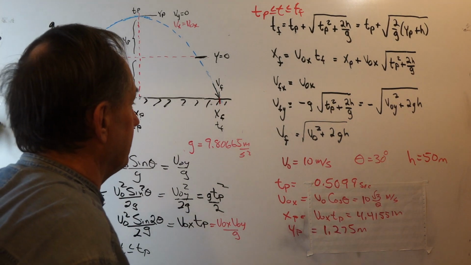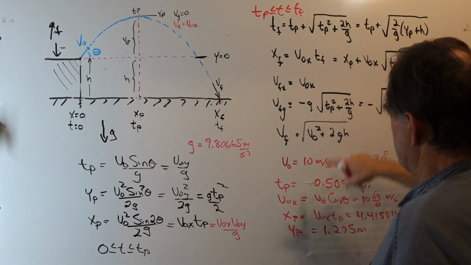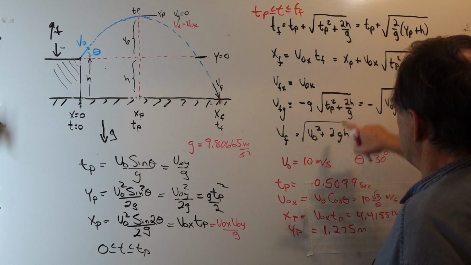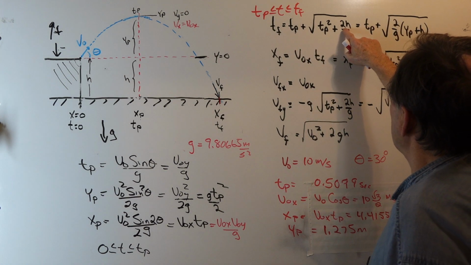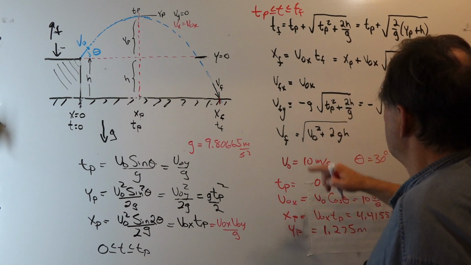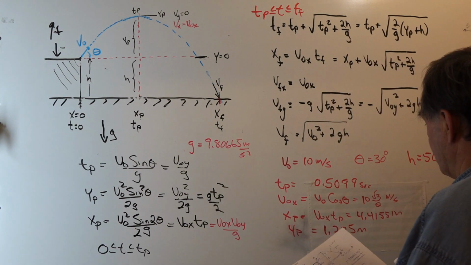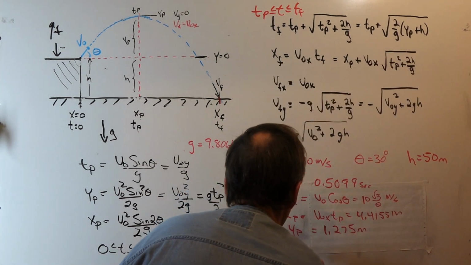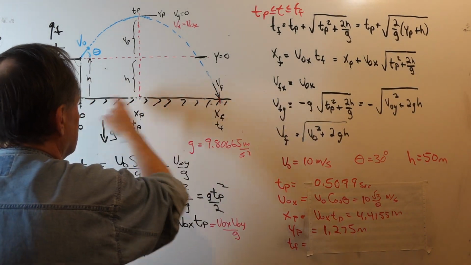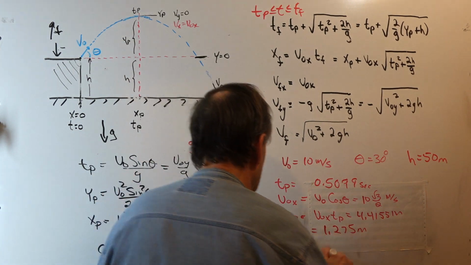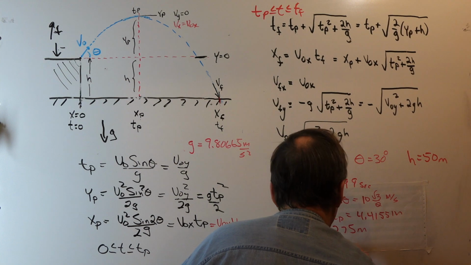How about the final time? The final time is we put in these values here. We've got t peak, then we have t peak squared, 2h over g. Well, h we know is 50, and we know g, so we can put those values in. So the final time, the time that it takes to travel and hit the ground, is 3.744 seconds.